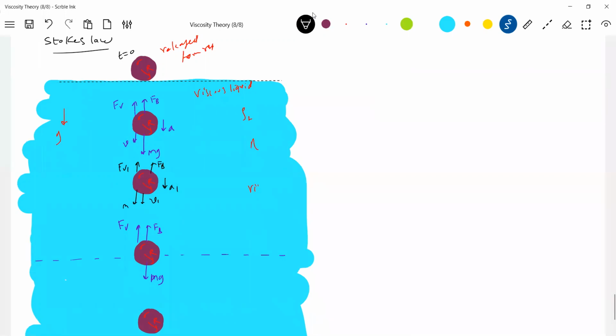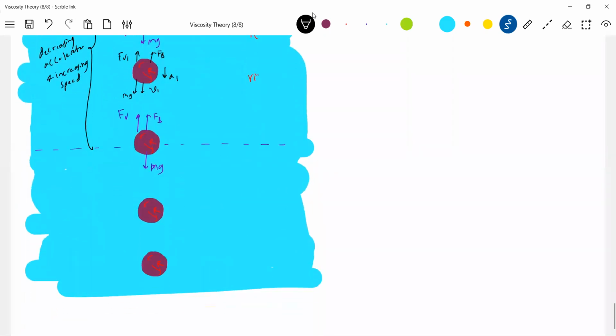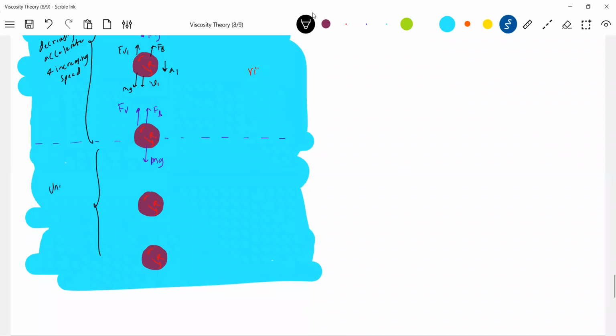These are the forces that will be acting. So till here, what type of motion will it describe? It will describe decreasing acceleration and increasing speed. Then afterwards it is going to move with a uniform, or better say constant, speed, and it will acquire one velocity called V terminal.